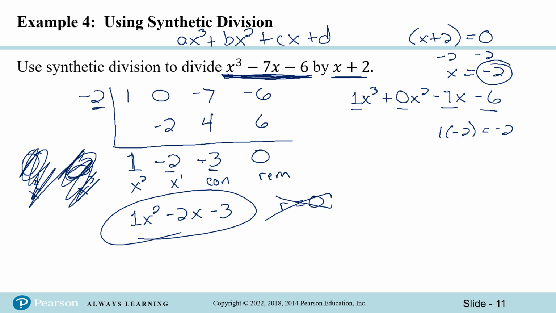Most students, when they see synthetic division, think that it is much easier than long division. I would agree with that, but you can only use synthetic division in certain circumstances. What are the circumstances? You can only have a 1 times an x plus a constant. You cannot have 2x plus 7.